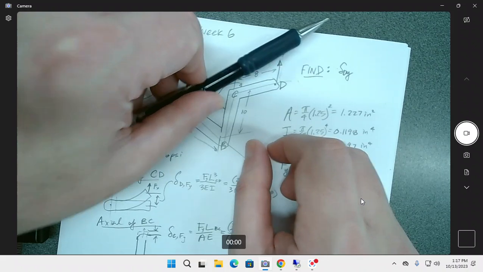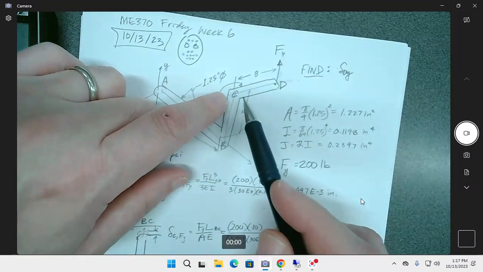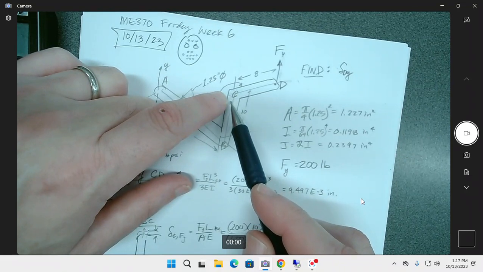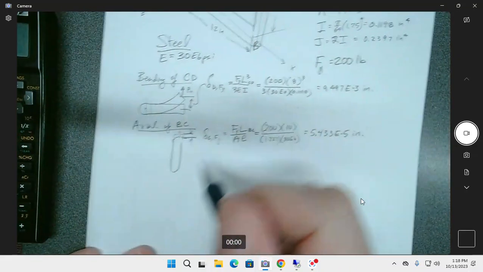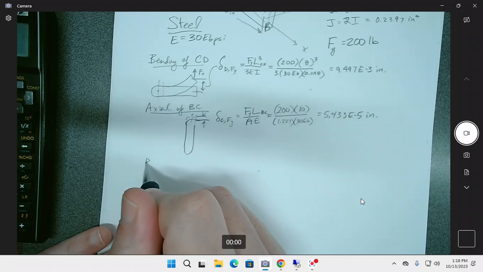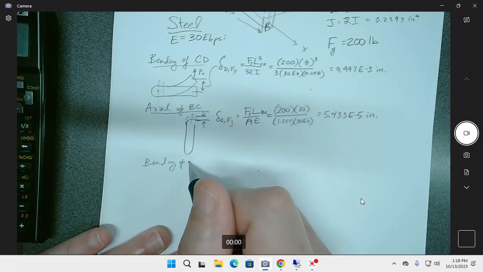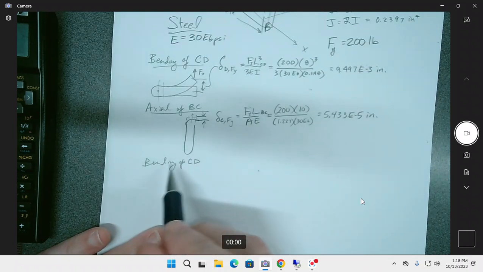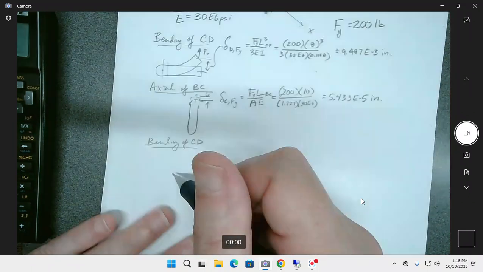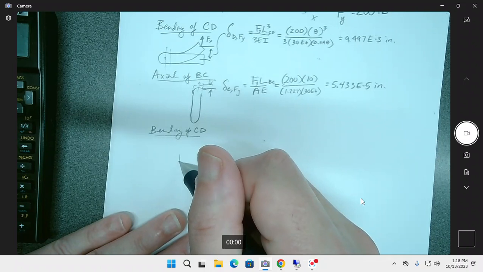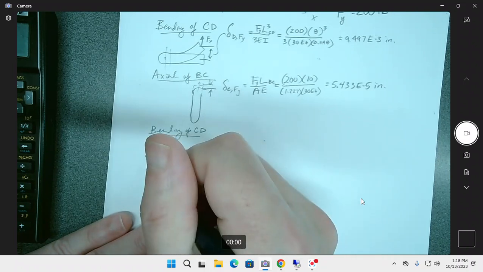Right? So what you need to do is find the angle of this piece. Let me draw this right here. So this is the bend due to the bending of CD. And what that's going to do, let's see if I can put this thing up here. Let me do it in 2 stages.